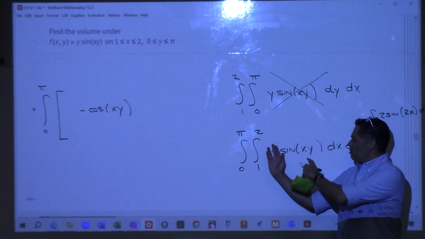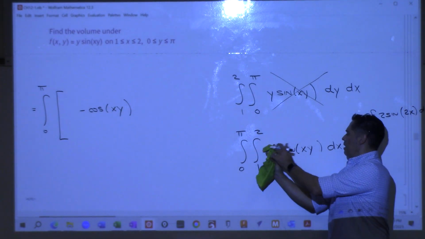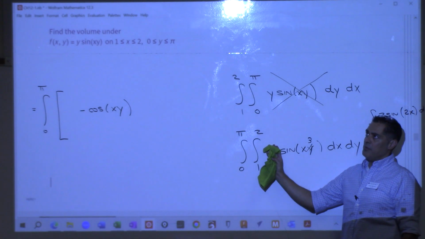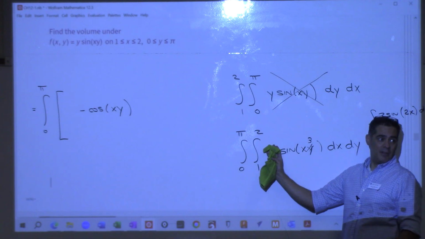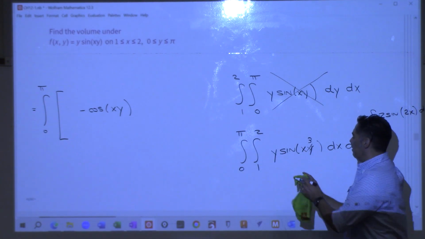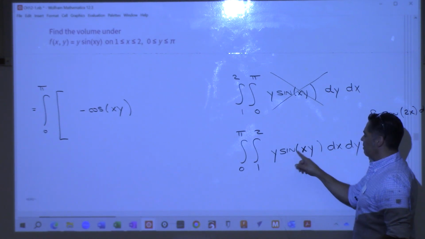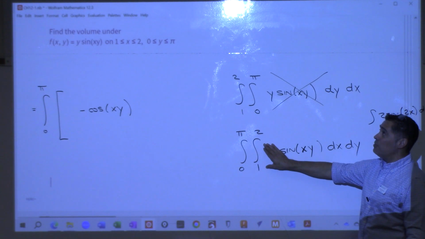What's the antiderivative of sine of, imagine that that's a 3. So what's the antiderivative of sine of 3x? Negative cosine of 3x, but then you have to divide by 3, right? Or scale it. So the antiderivative of sine of xy should be negative cosine of xy, but then divide the whole thing by y.